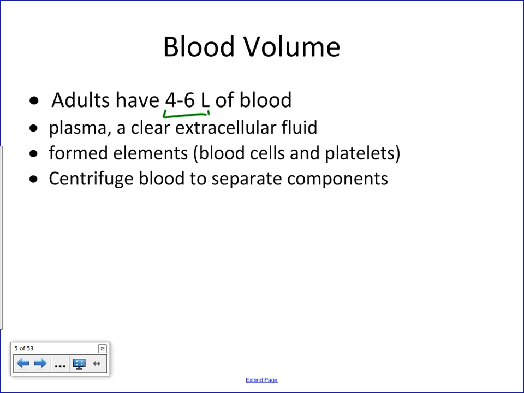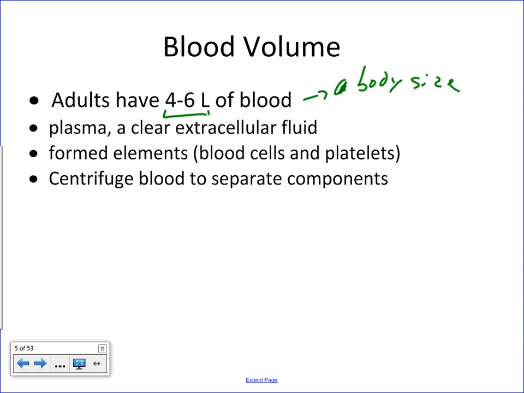The biggest contributing factor would definitely be body size. The bigger the body, the more the blood. The smaller the body, the less the blood.